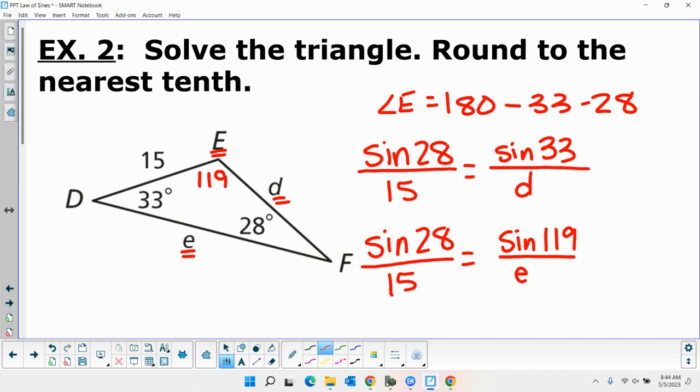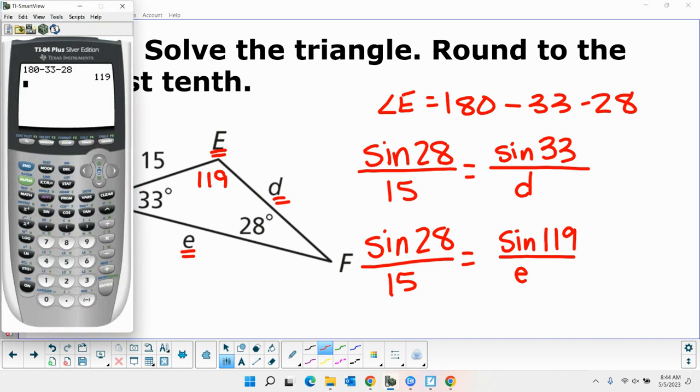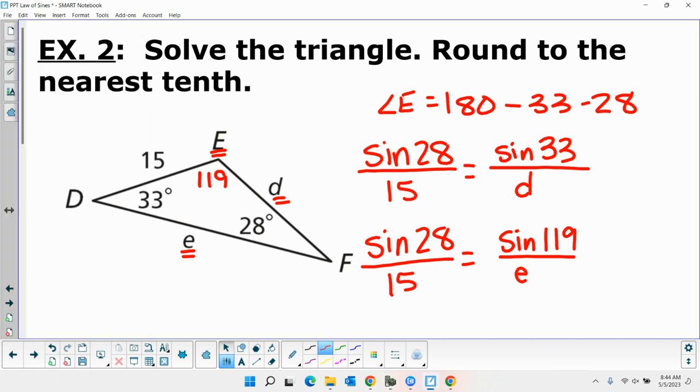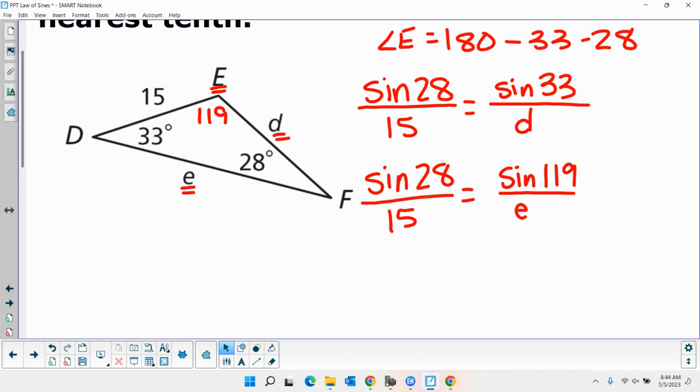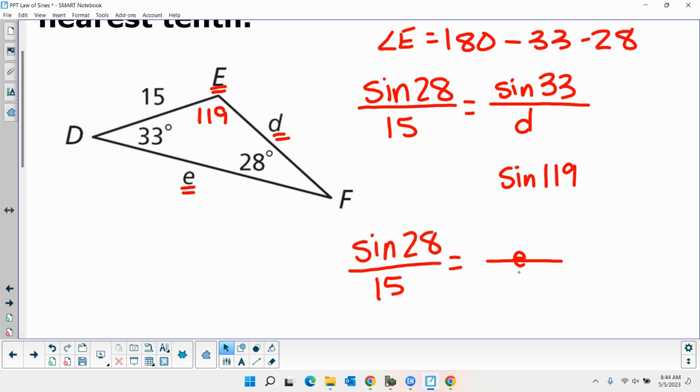All right, so in my calculator, I guess I should have done this. Give ourselves a little more room. Let's see if I can do this. See if these stay together. Not all of it.